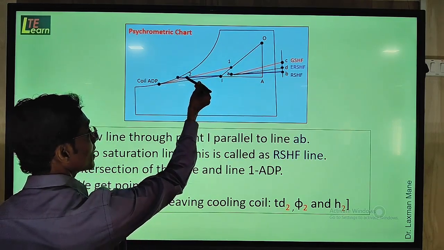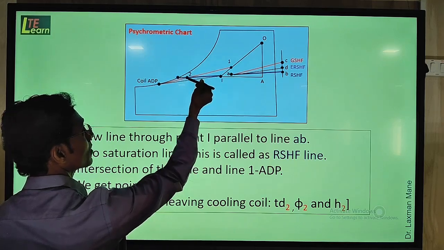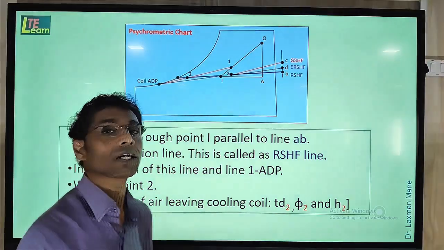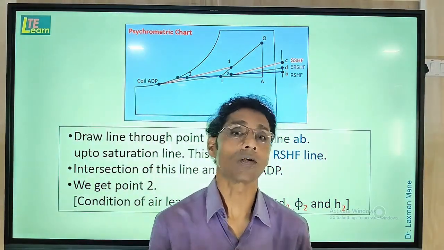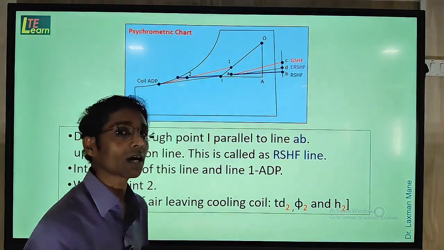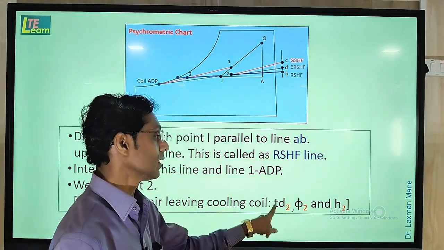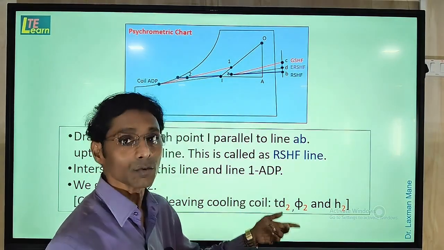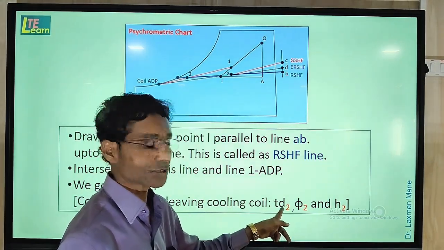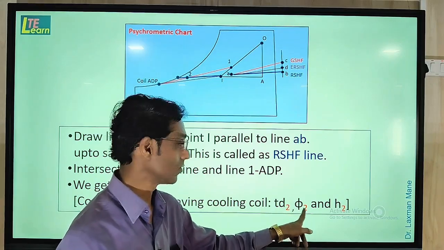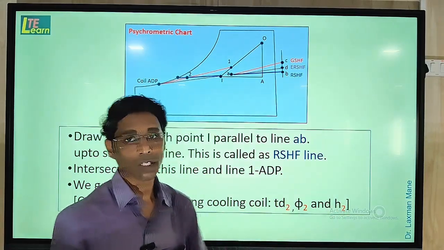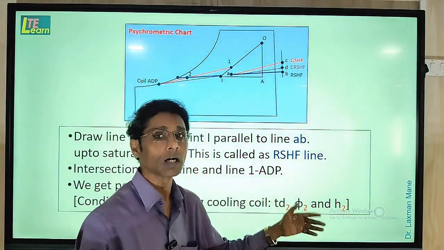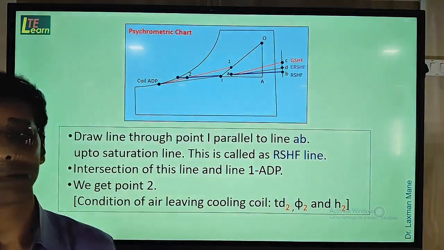So we get here the intersection of these two lines, that is point number 2. And this point number 2 is the condition of air leaving the cooling coil. So from the psychrometric chart, we can get the condition of the air leaving the cooling coil, means dry bulb temperature TD2, relative humidity phi2, and enthalpy H2, which are values useful to us in the next procedure.